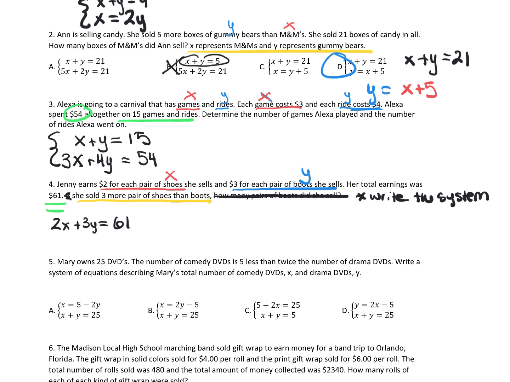So the boots is less. So you take the thing that's less, the Y. I add 3 to that because there's 3 more, and that will equal my thing that is bigger, my X.